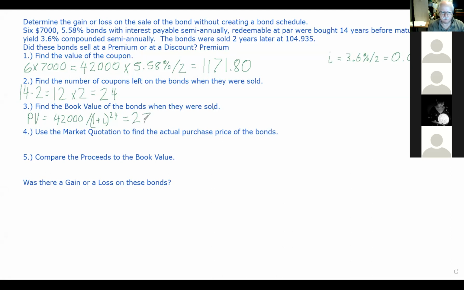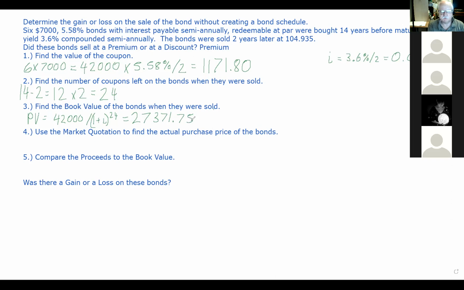So the present value of the bond is 27... That didn't work. 327,371.75.